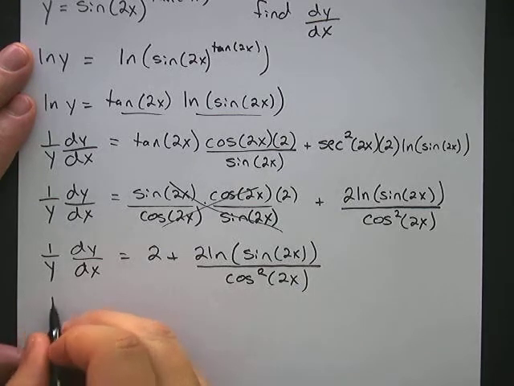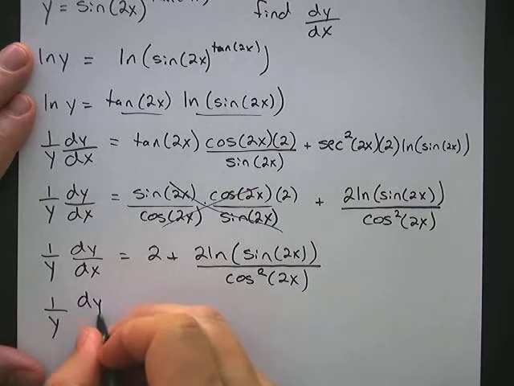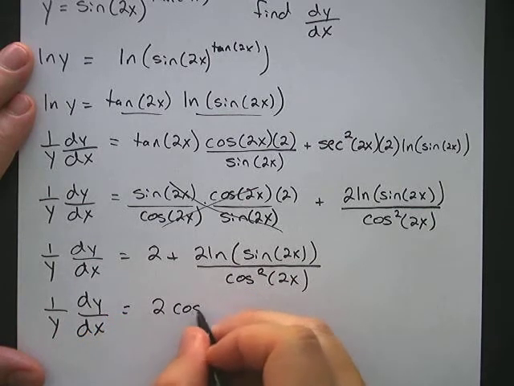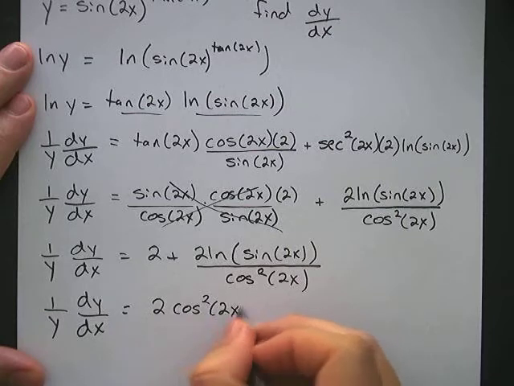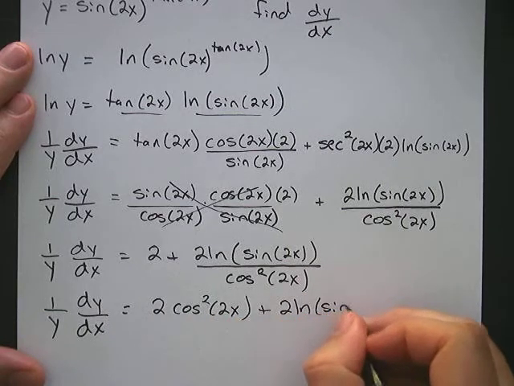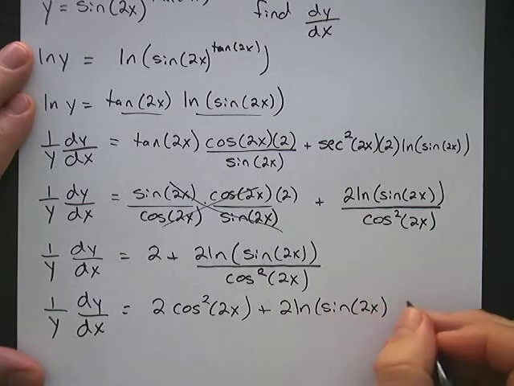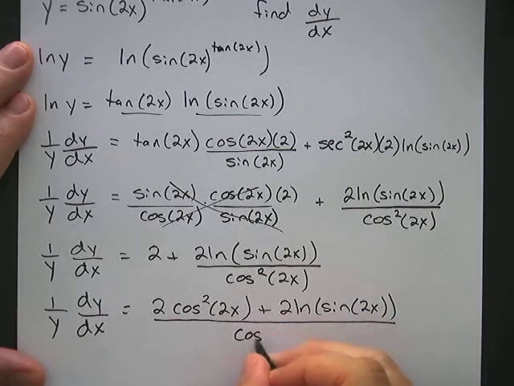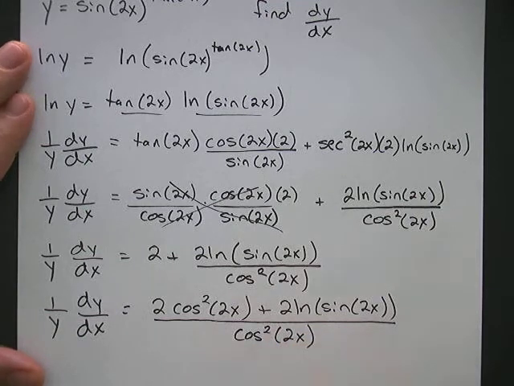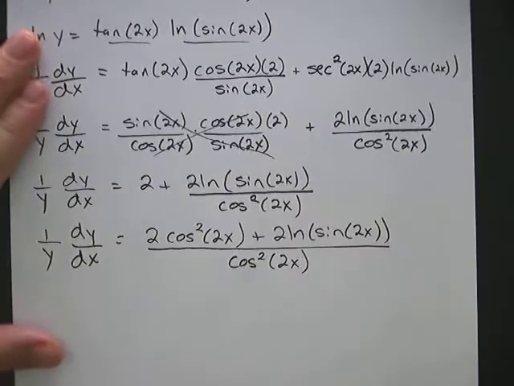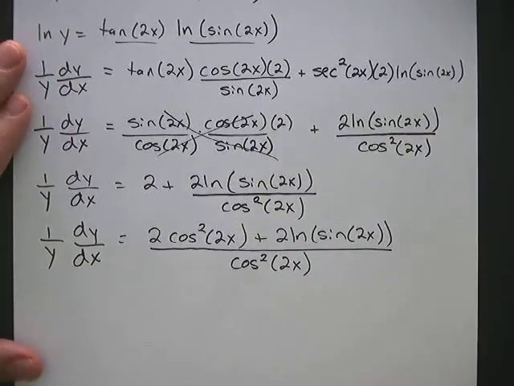So dy over dx equals 2 cosine squared 2x plus 2 ln of sine 2x, all over cosine squared of 2x. I didn't factor out the 2. I can if you want; you don't have to.